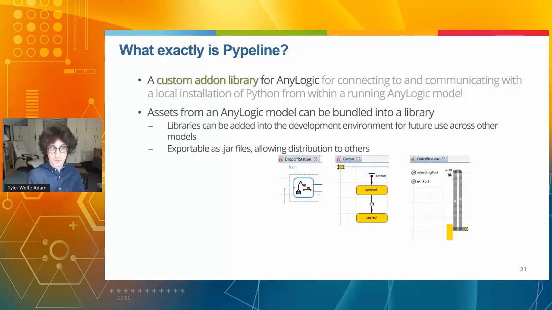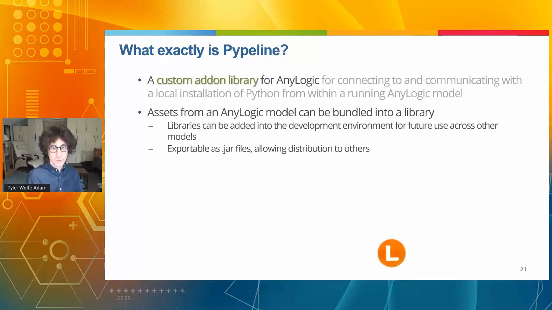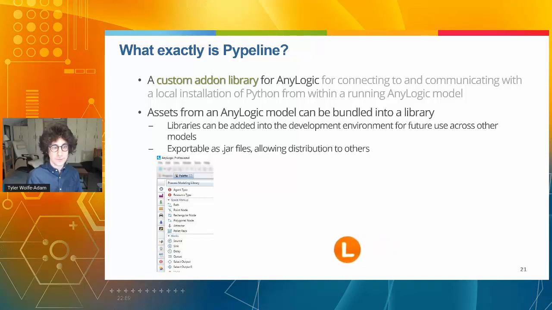For those that don't know, you can take any AnyLogic model where you have any level of complexity in your agents and bundle them into a library, which you can then add back into your AnyLogic environment.